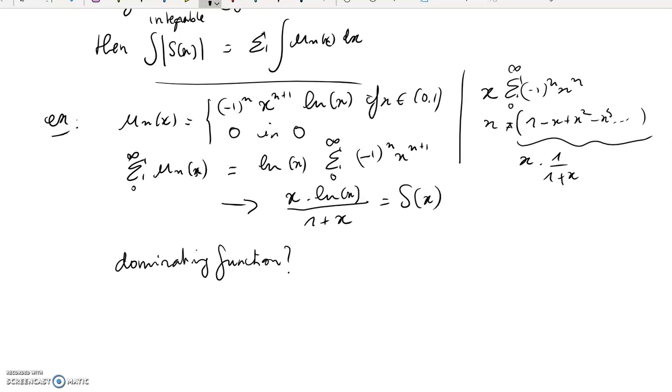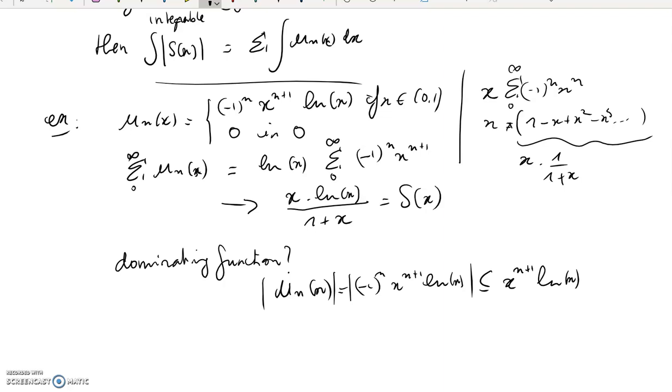So let's do this. Un of x equals (-1) to the n x to the n plus 1 ln of x. In terms of absolute value, the easiest thing we can do is get rid of the (-1) to the n. So it's just going to be smaller than x to the n plus 1 ln of x.